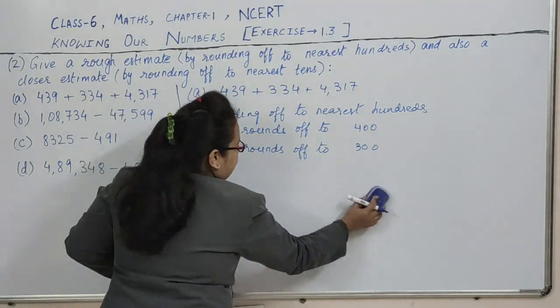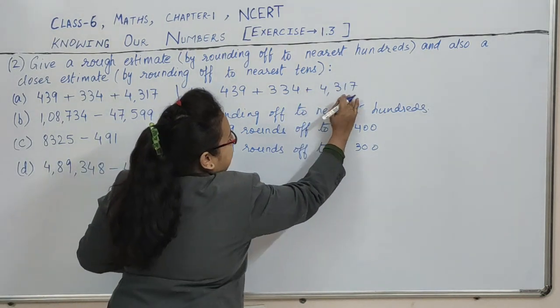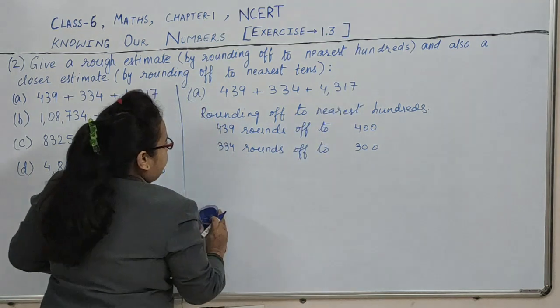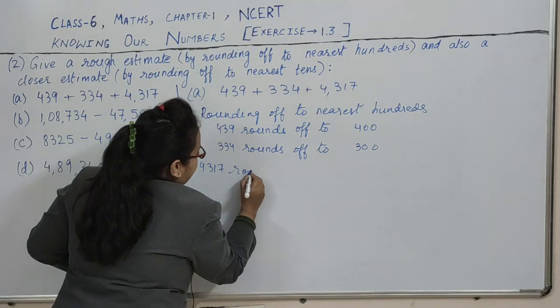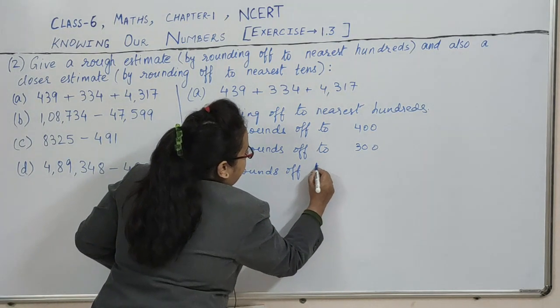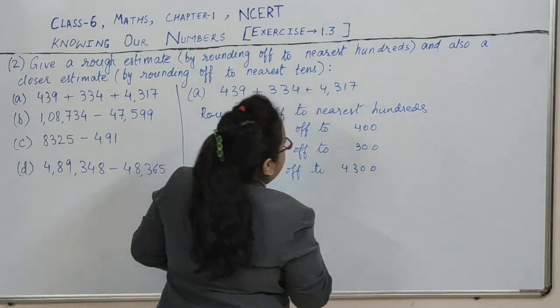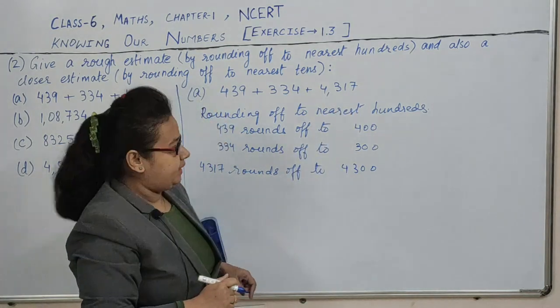So this 4000 will remain as it is because we are rounding off to the nearest hundreds. So we will focus on up to the ones, tens and hundreds place. Right? So 4317 rounds off to 4300 because 317 is rounded off to 300.